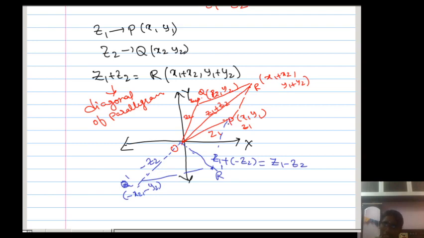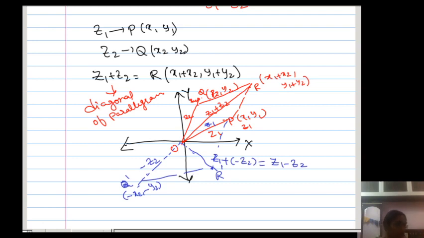Next, z1 I am keeping as it is. Now with z1 and minus z2 as sides of the parallelogram, if you take the diagonal, z1 plus minus z2, we get z1 minus z2. So this is the geometrical representation of complex numbers for addition and subtraction.